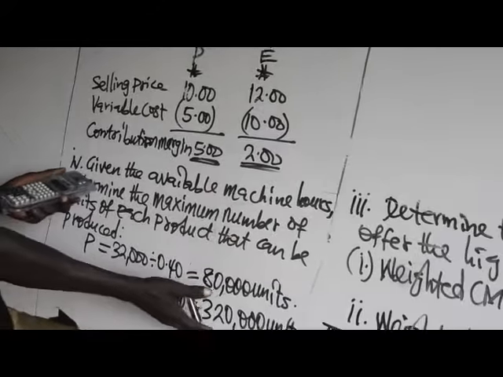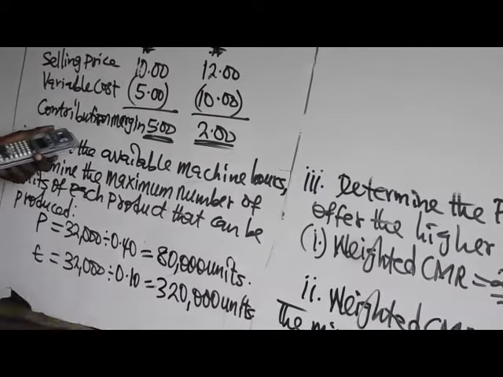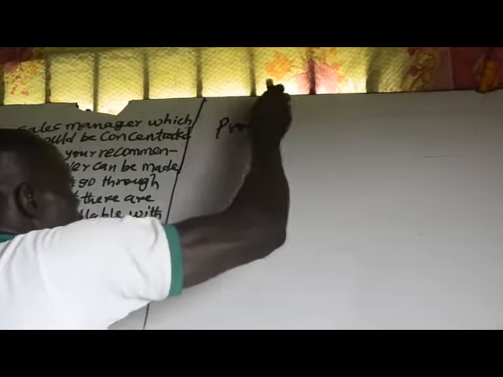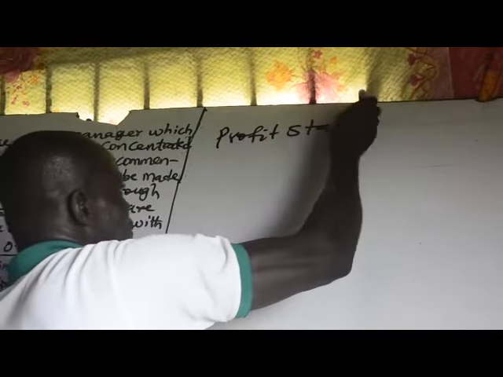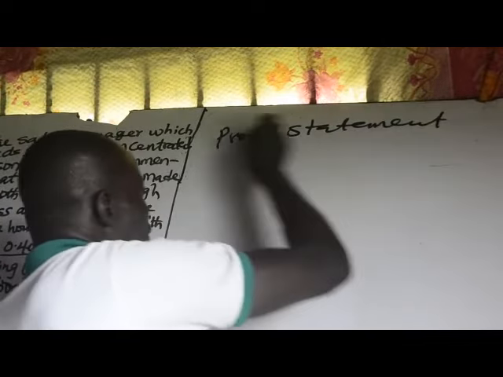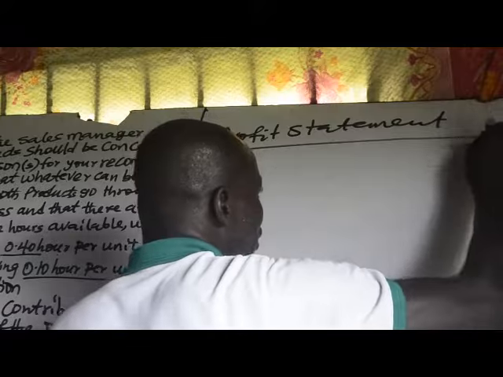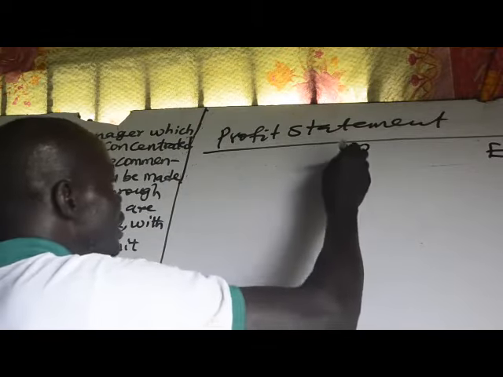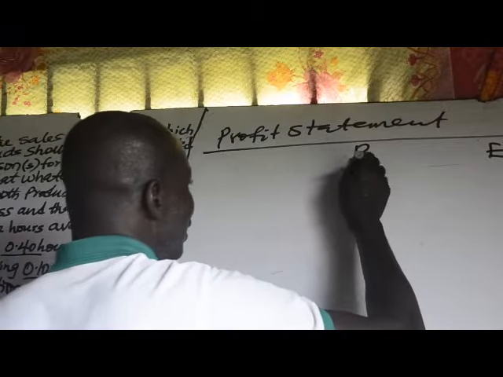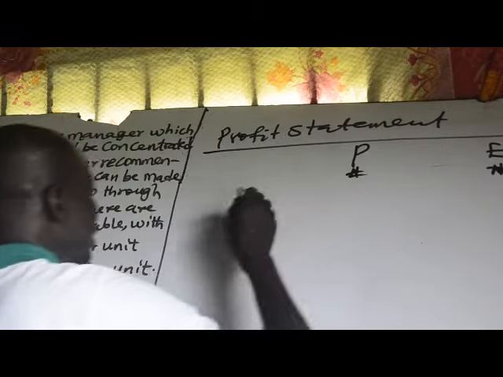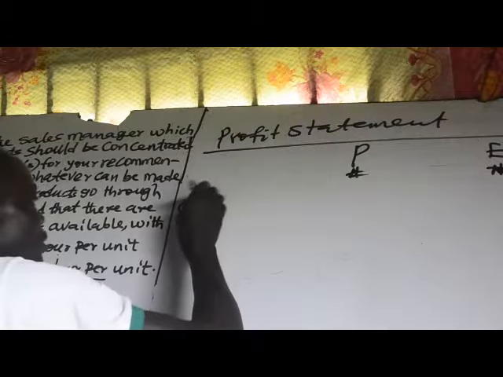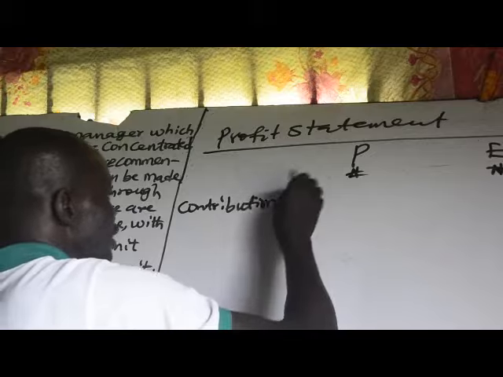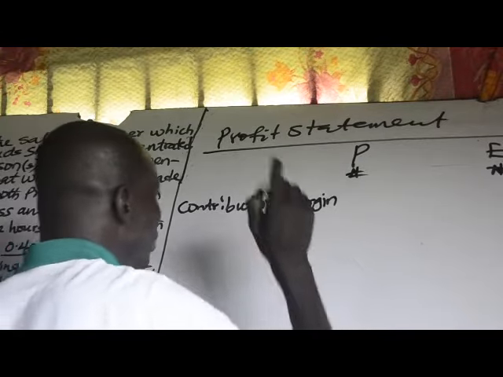Now, determine the profit. Let's prepare the profit statement for each of the products. 2 products are involved, product E and product P. You have been given the contribution margin, that is contribution per unit.